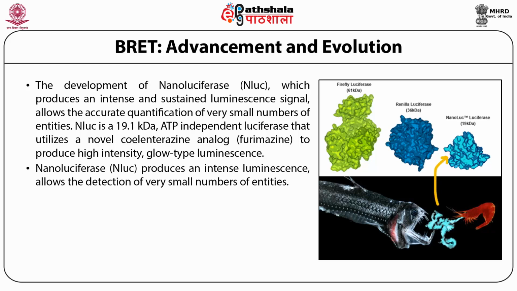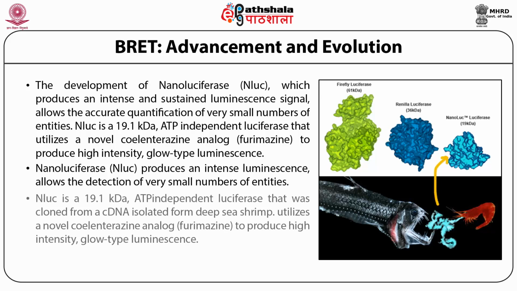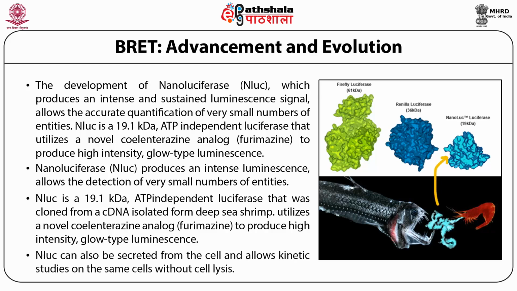Nanoluciferase was cloned from the cDNA isolated from deep sea shrimp. Nanoluciferase can also be secreted from the cells and allows kinetic studies on the same cells without cell lysis.